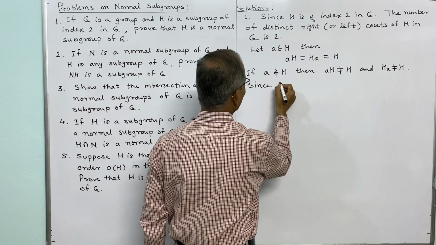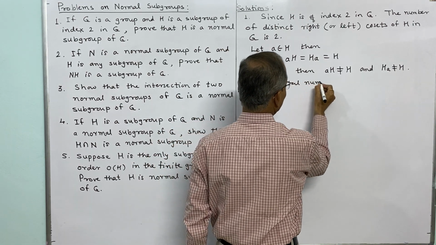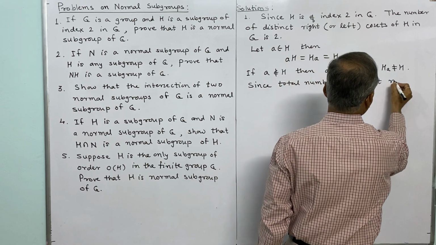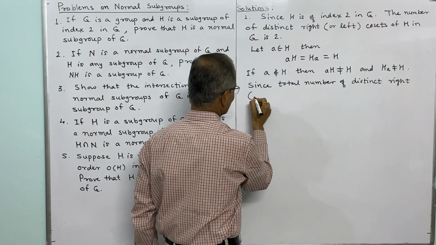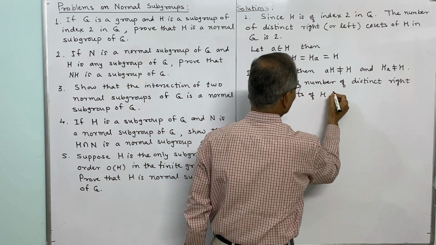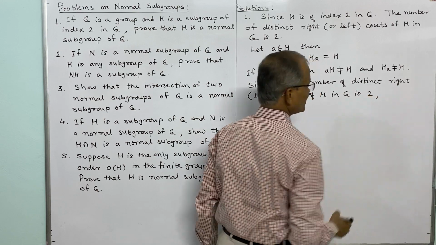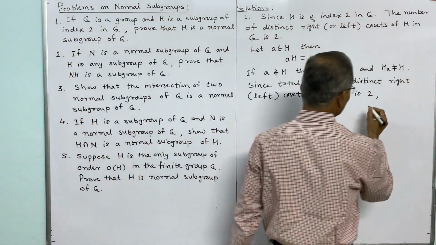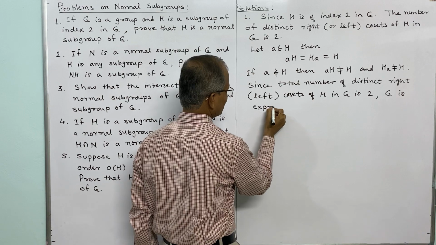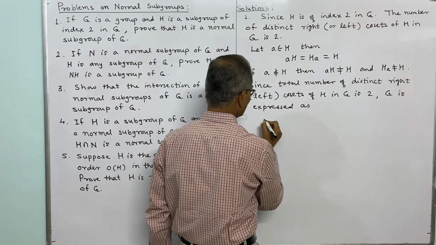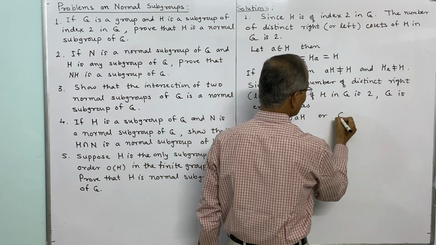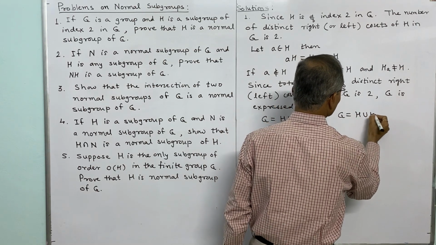Since total number of distinct right or left cosets of H in G is 2, G is decomposed as, or G is expressed as, G is equal to H union aH, or G is equal to H union Ha.